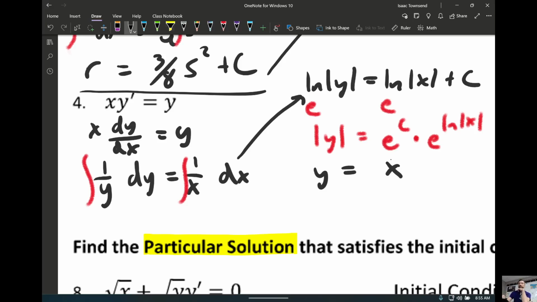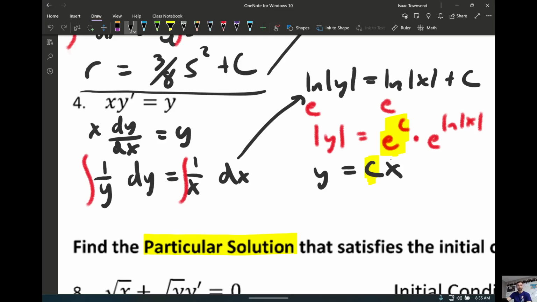Now, this one might seem kind of weird too. You guys remember that e is a number, about 2.718 or something? Okay, so I've got a number to an unknown power. On these question types, we would just change that to an unknown number. And they're going to do that to you on multiple choice questions.